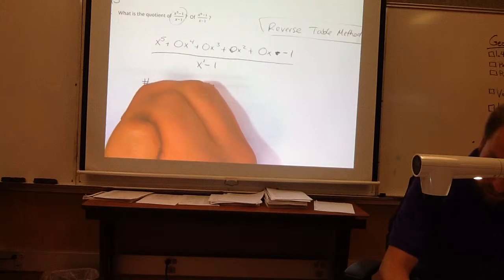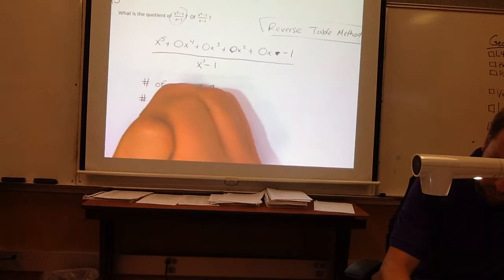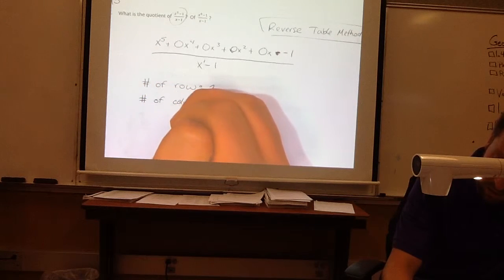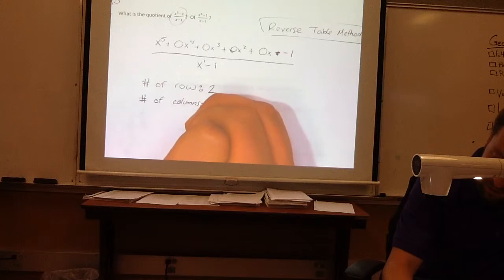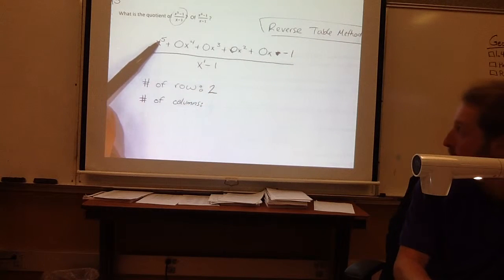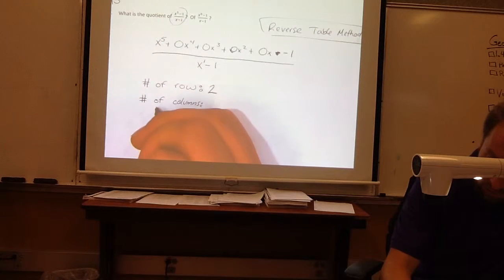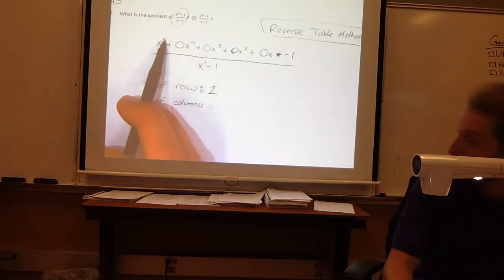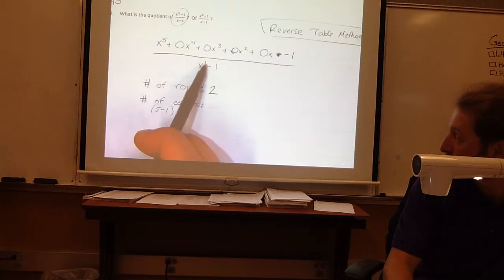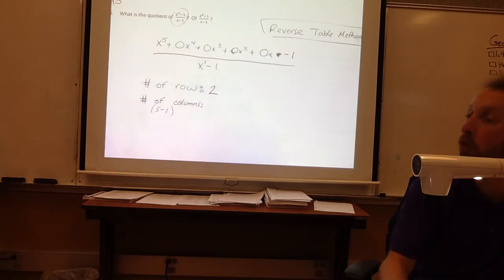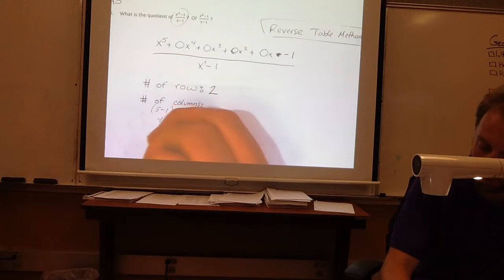The number of columns is the difference between degrees. So 5 minus 1, because it's to the 5th, minus 1, and then it's going to be 1 more than that. So that's 4, but it's 1 more than that.